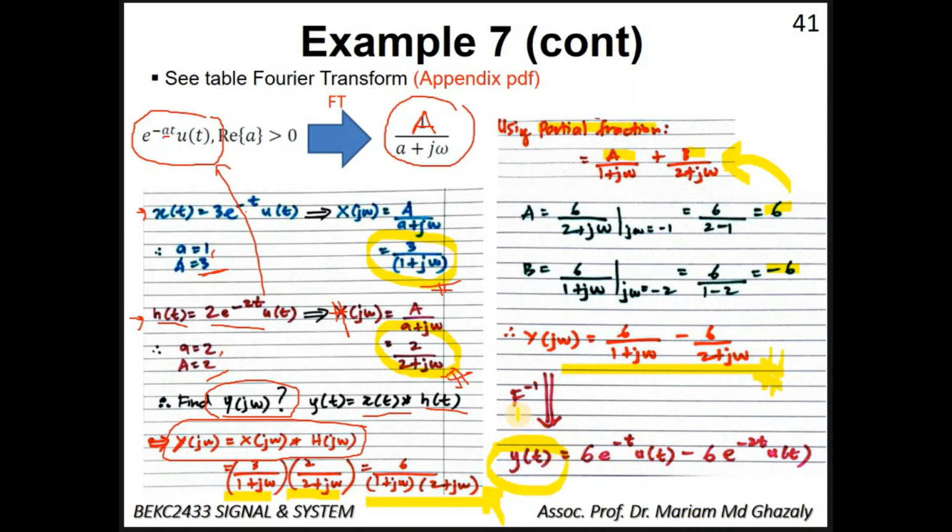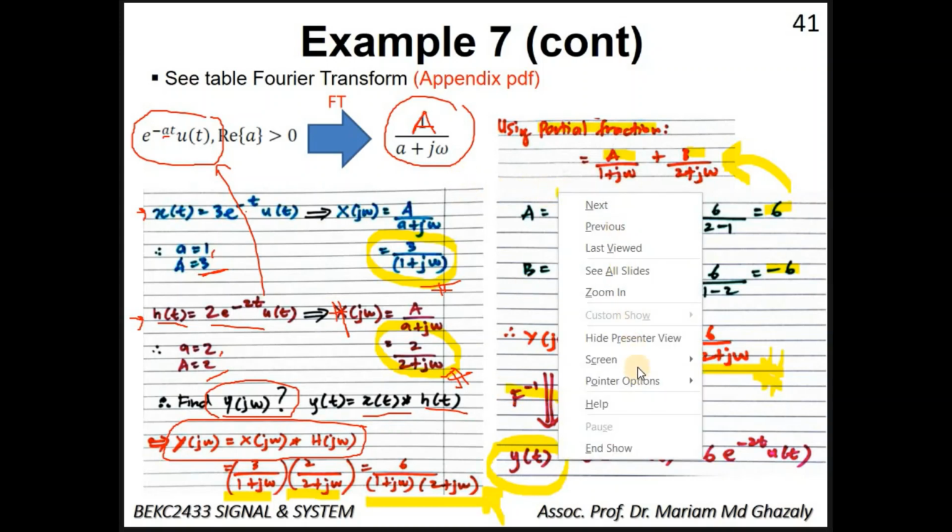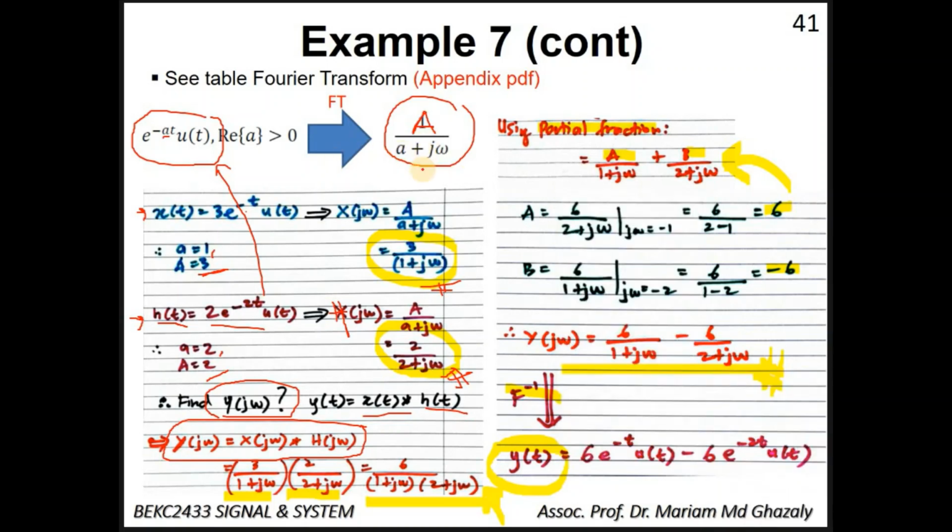Now we are going to get back the output value in the time domain. So we are going to use the inverse Fourier transform. Inverse Fourier transform means that we are still going to use the same equation here. Remember, this one is from the time domain into the frequency domain. Now we are in the frequency domain, so we are going to inverse it.